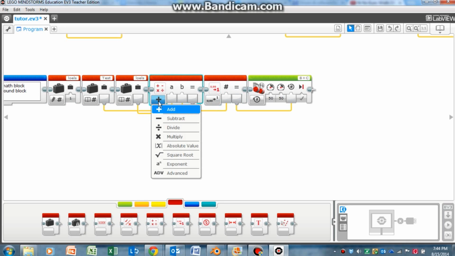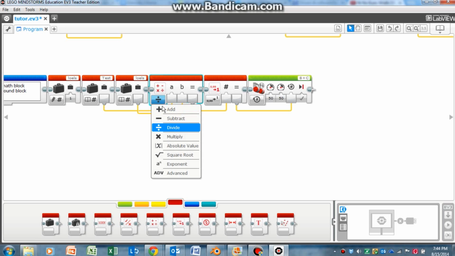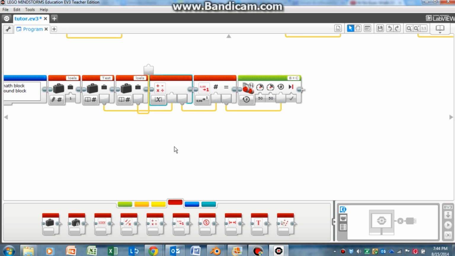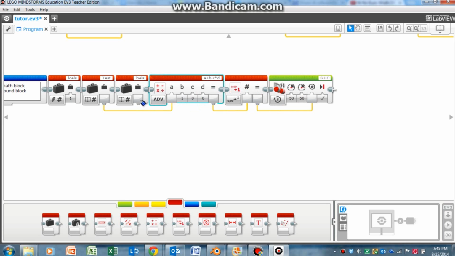So the math block has different kinds of functions, I guess. This is really simple. It's really self-explanatory, all of these, except for advanced, because after all it is advanced. Advanced can deal with up to 4 different values, A, B, C, D, and you basically write it in.